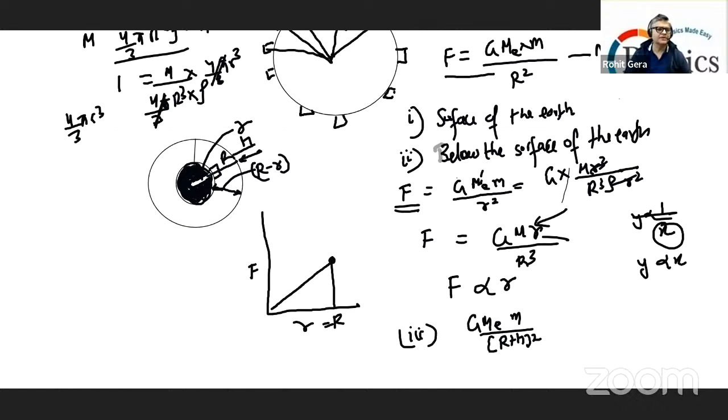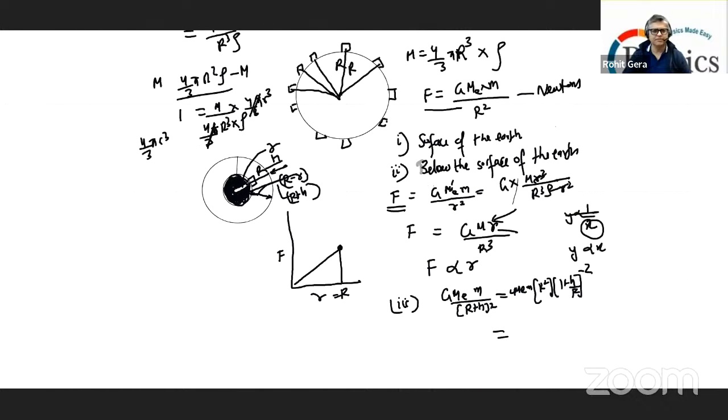Okay, so R plus h. So this is G Me m by R square 1 plus h by R to the power -2, is equal to G M m by R square 1 minus 2h by R.